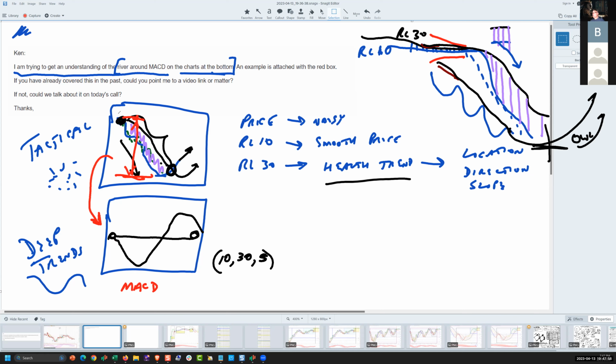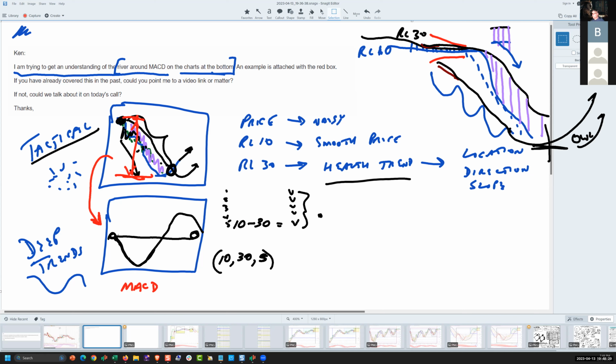When you look up at the tactical screen, you see a lot of things jumping around. But if you look at the bottom, everything is very smooth. And here's why. It's taking the 10 period minus the 30 period, and that gives you some value. Then it takes the last 5 values of each of the last time frames and takes a 5-period moving average, and that's the smoothed number.